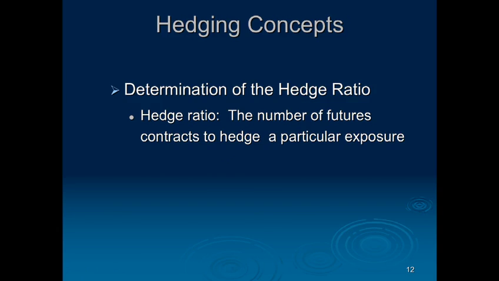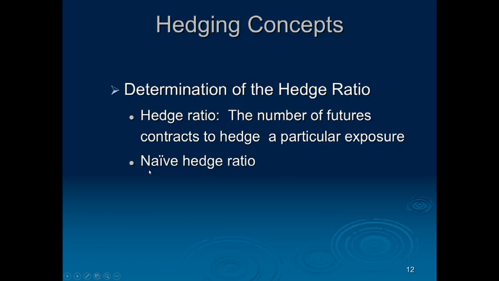Simply put, the hedge ratio has the same meaning as what you had to look at when you were covering options. It's the number of futures contracts to hedge a particular exposure in the spot market. The most simple type of hedge ratio that can be calculated in this particular case is referred to as the naive hedge. Naive is actually a French word, but is used in English as well.